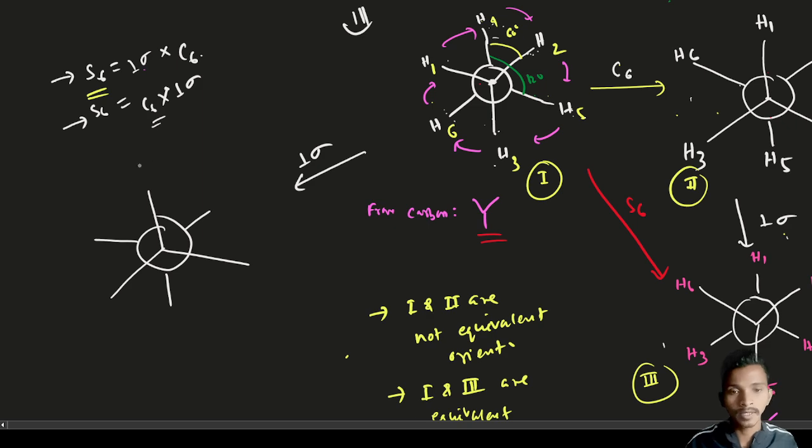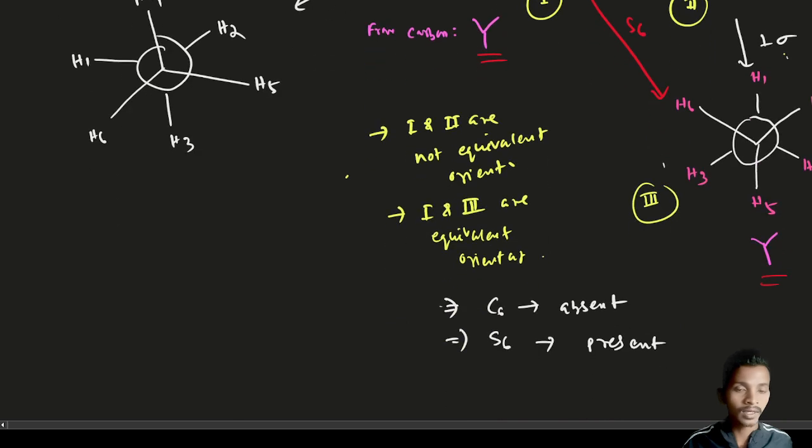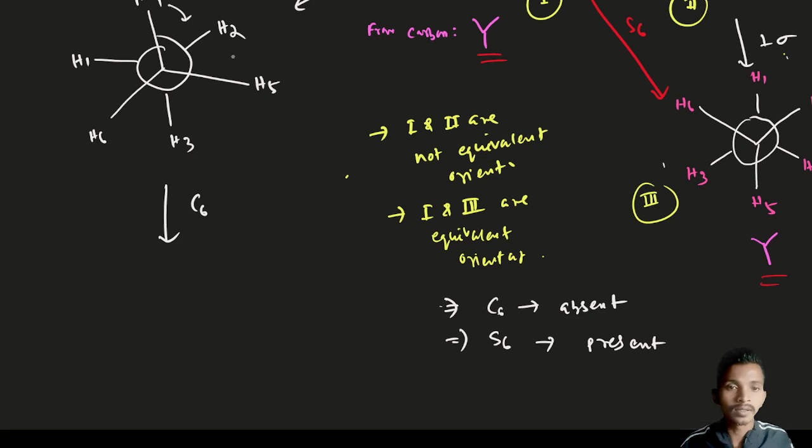Okay, so the same atoms will stay as they are: H4, H2, H5, H3, H6, and H1. Now if I apply S6 here, it will just rotate. This will go here, this will go here, and this will go here. If you rotate it, then this H4 will go here.